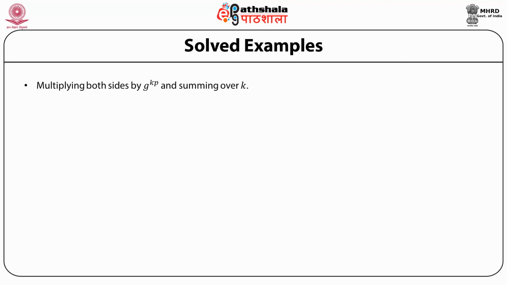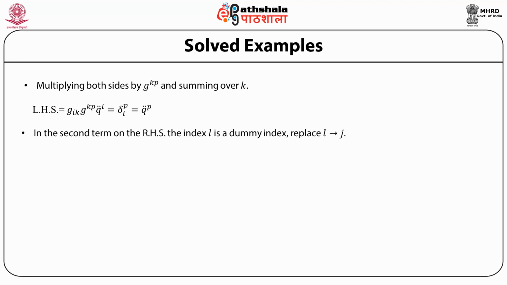Multiplying both sides by the tensor g^kp and summing over k, the left hand side is simply g_ik g^kp q^i double dot, which is equal to delta^p_i q^i double dot. In the second term on the right hand side, the index l is dummy and we can replace l by j. We thus get q^p double dot equal to half times g^kp (dg_ij by dq^k minus dg_kj by dq^i minus dg_ik by dq^j), and the whole thing multiplied by q^i dot q^j dot.